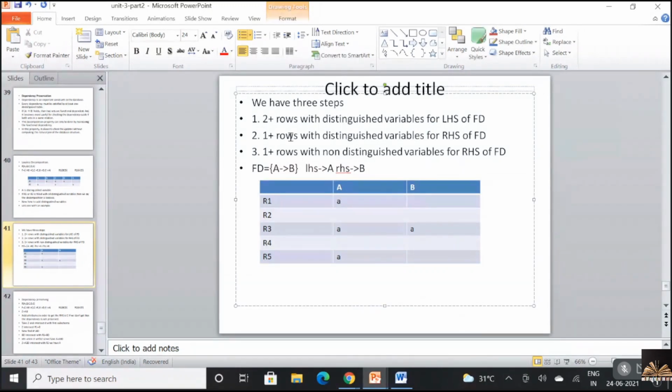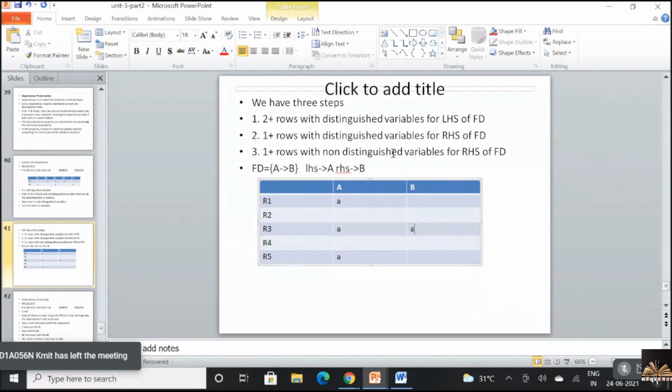Now, 1 plus rows with distinguished variables for the RHS of the FD. So what is the minimum? Minimum is 1. For B, I have got one row with a distinguished variable and one row with a non-distinguished variable.